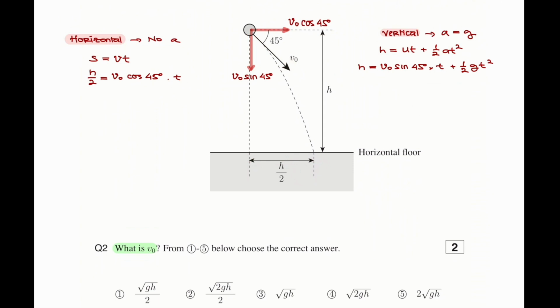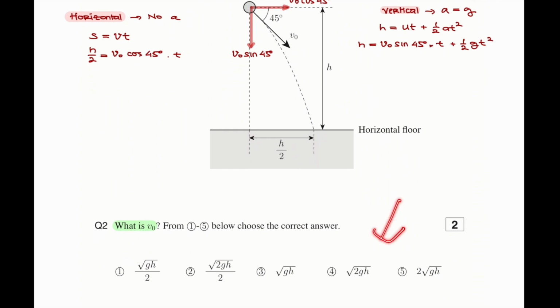Last thing that we should do is we have to combine these two equations to find VO and to eliminate t. We do not need time in our final answer. So I need to eliminate time. How to eliminate time?